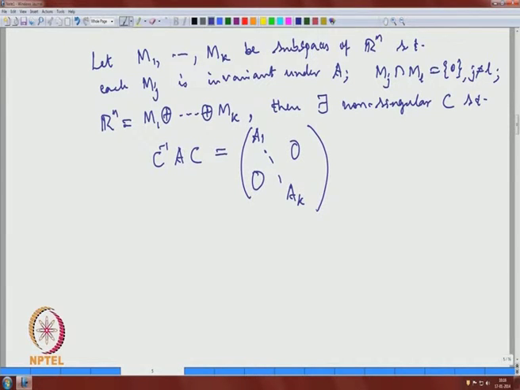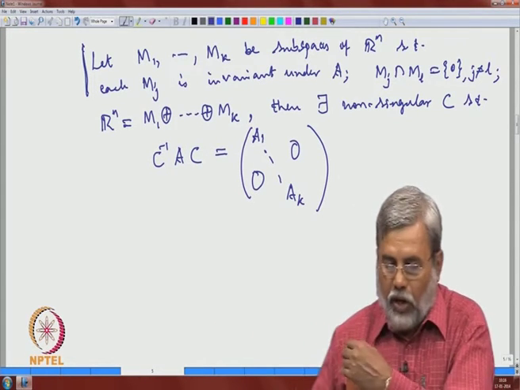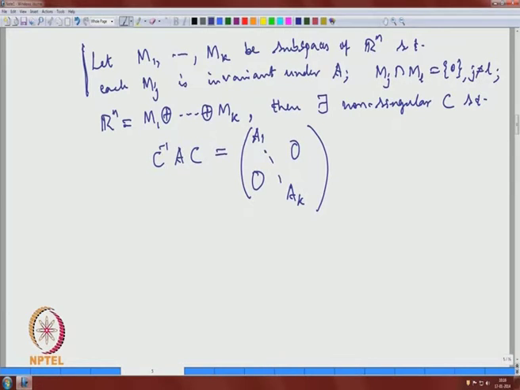So, in other words, in such a situation we can find a similar matrix which is a block diagonal matrix. This is important.